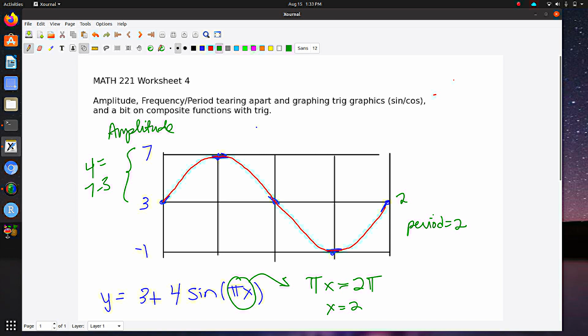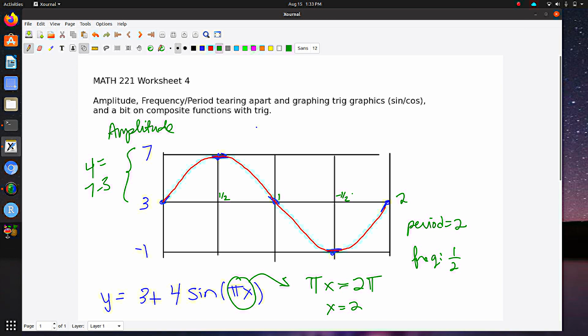And the frequency, otherwise known as the wavelength, is just going to be the reciprocal of your period. So you just take the reciprocal. Okay? All right. So let's just go ahead and finish labeling this.